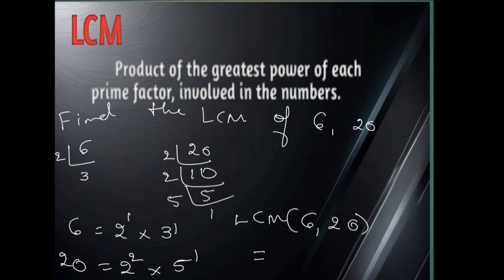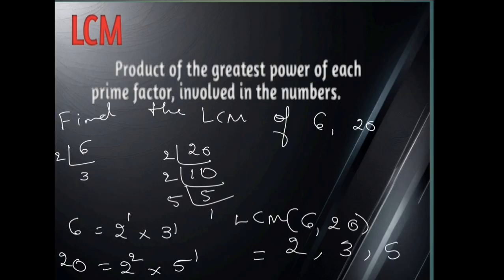the product of greatest power of each prime factor. In this statement they have given each prime factor. So each prime factor means we have to write all the factors here: 2 and 3 and 5.